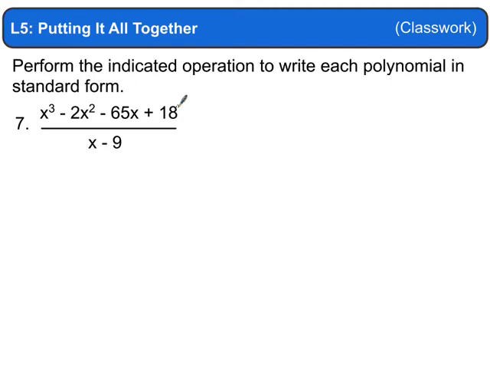So remember, if we wanted to say do the boxes, the rows are going to be 1 more than the degree of the divisor. So the degree here is a 1. So we're going to need 2 rows. And for columns, 3 minus 1 is 2. I need 1 more than the difference. So I'm going to need 3 columns.